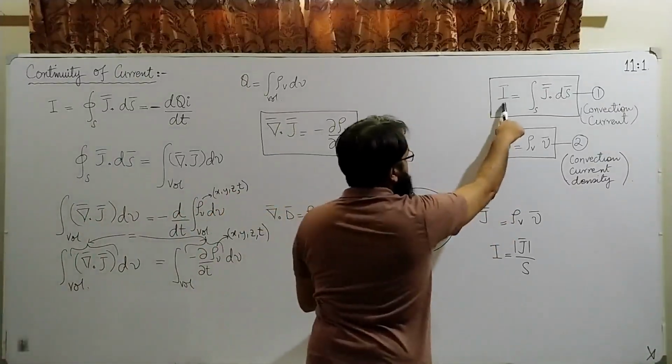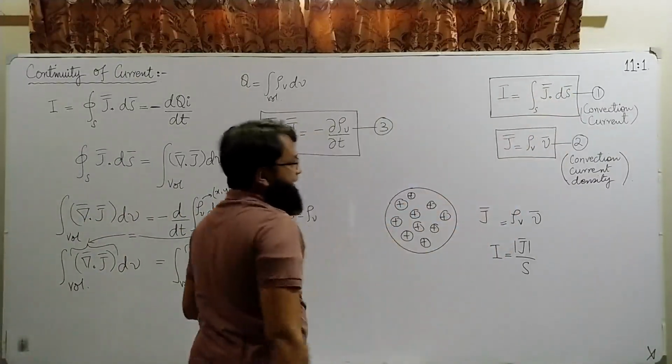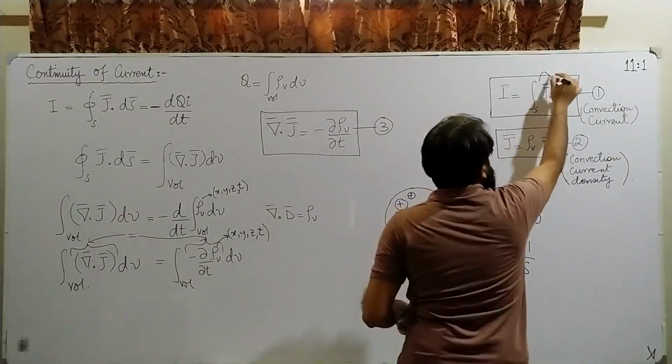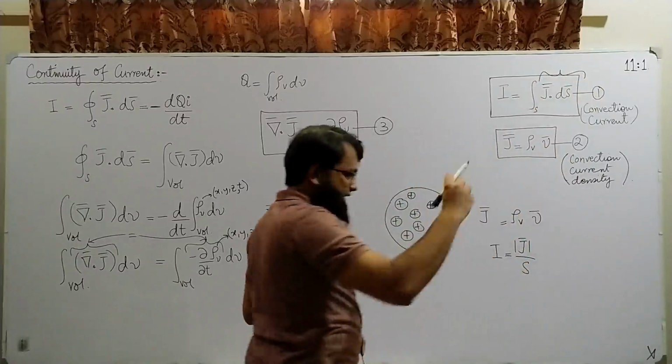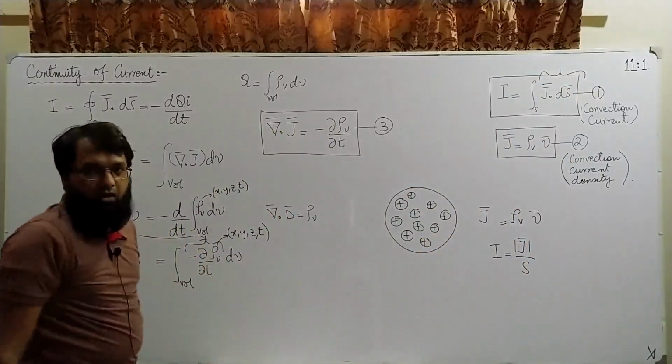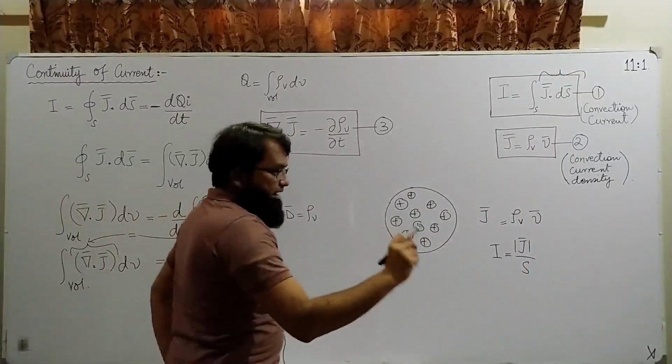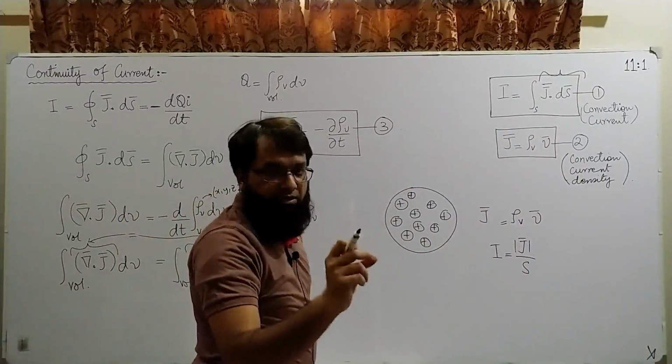That's why we are getting current by integrating something. Integrating something means this integrand is defined over a very small area, so small that that area can be considered to be a point.